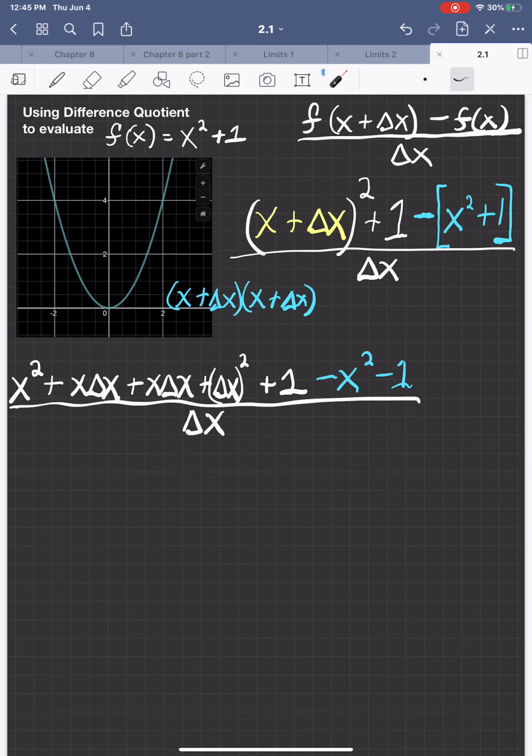Okay, so some things should start to cancel. This is how you know that you're on the right track. In fact, the entirety of your function should cancel. So notice how you have a negative x squared here and a positive x squared here, and a positive 1 and a negative 1 here. So let me go ahead and scratch through those, because those are going to cancel out.